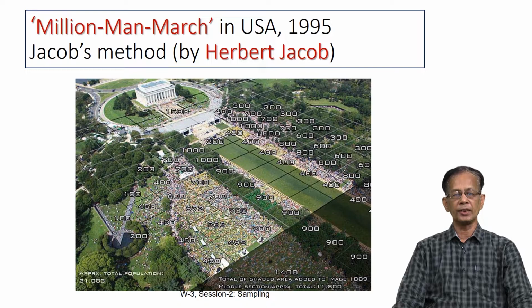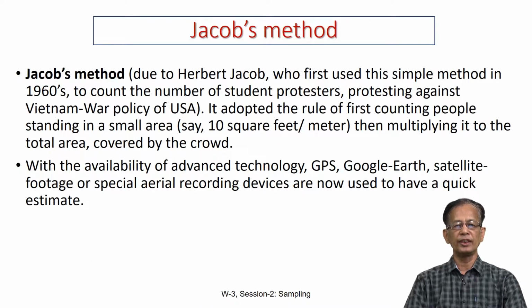But the protesters wanted to show the president that yes, there would be a million protesters. And the president employed Howard Jacob, who wanted to count how many protesters were there. And this is called Jacob's method.